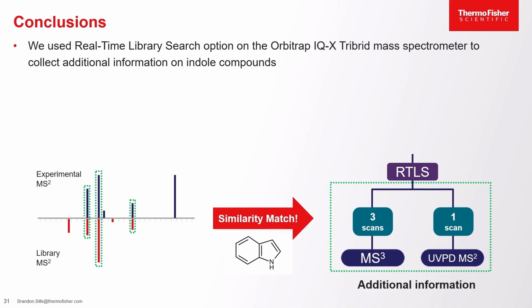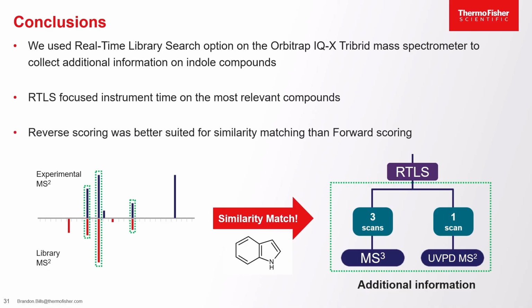We showed that RTLS focuses the instrument on what's most relevant to your study based on prior knowledge that is contained inside of the library that you provide. And we showed that reverse scoring is going to be better suited for similarity matching, where forward or bidirectional scoring is going to be a much better choice if you're trying to do an identity type experiment.